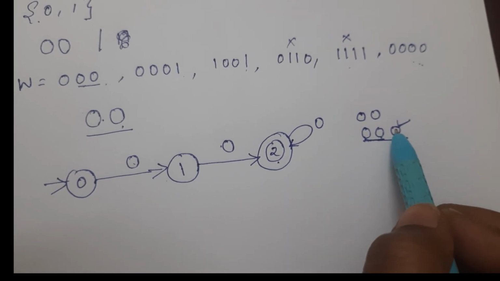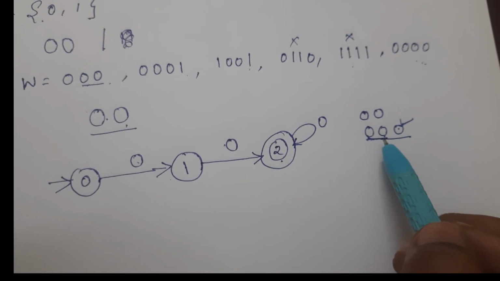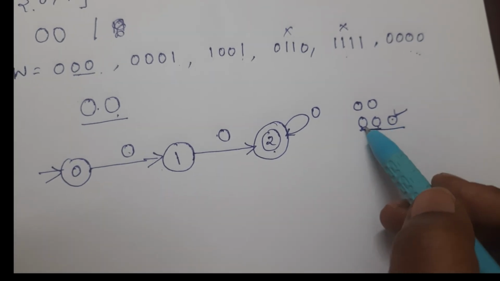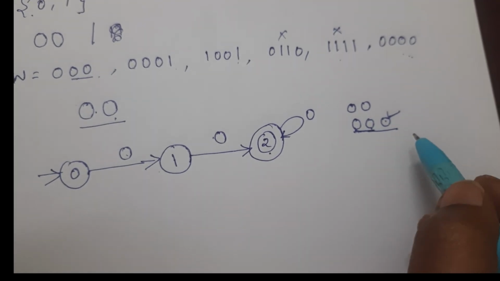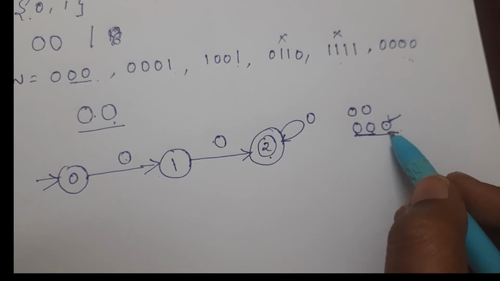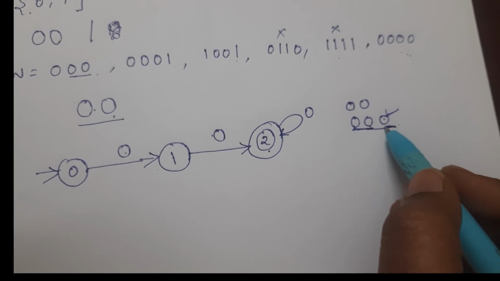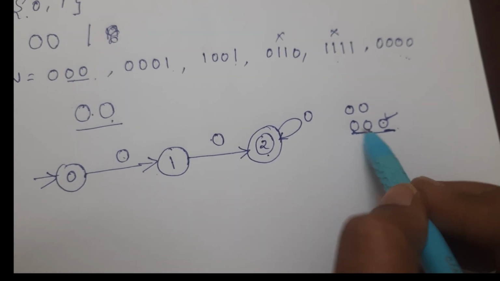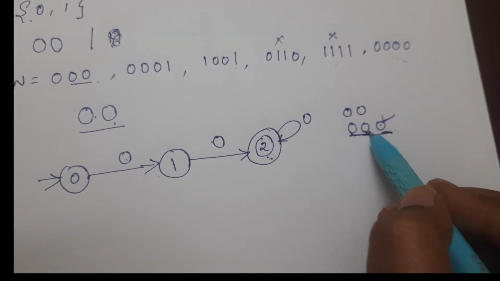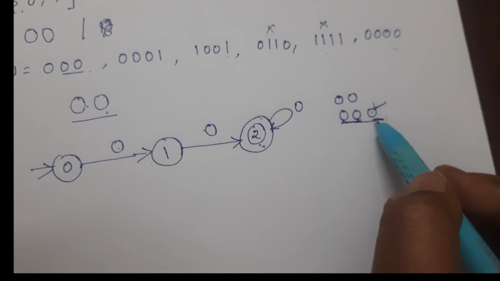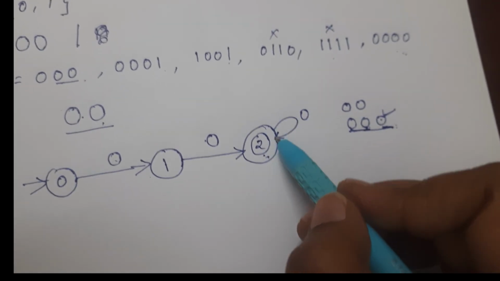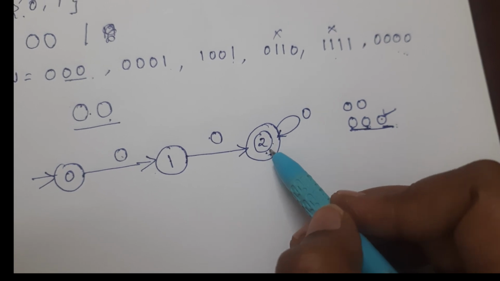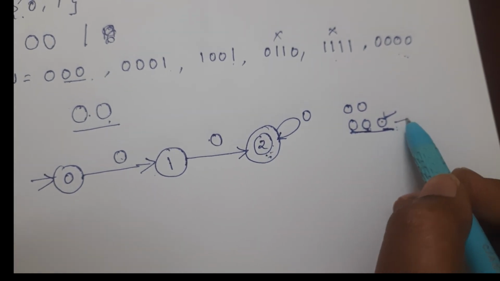As we have seen in previous lectures, a word is accepted only when you complete processing the input. So after the third 0 it stays in the same state, which is the final state as well, so this string is accepted.